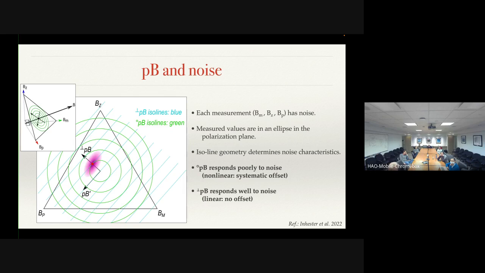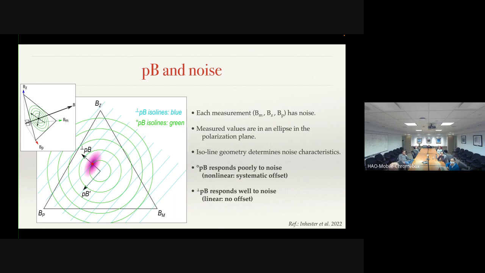There's a systematic offset. And so if, as the ground-based community has done, you adopt this quasi-Stokes version of PB, you get one answer. If you adopt, as the space community has done, this circular direction-independent version, you get a different answer. And this is something that is sort of basic.